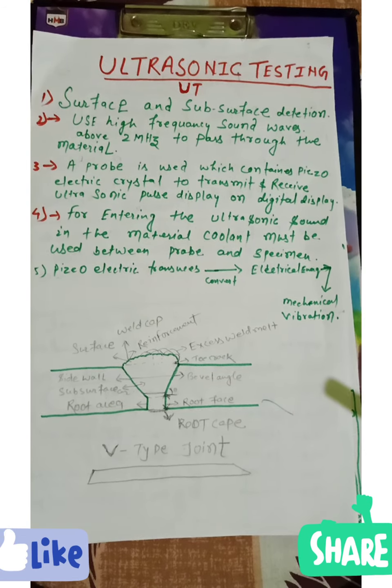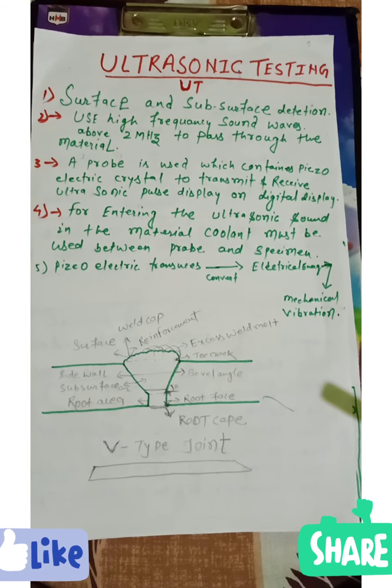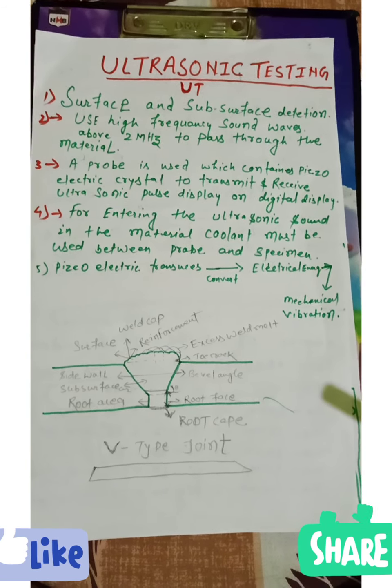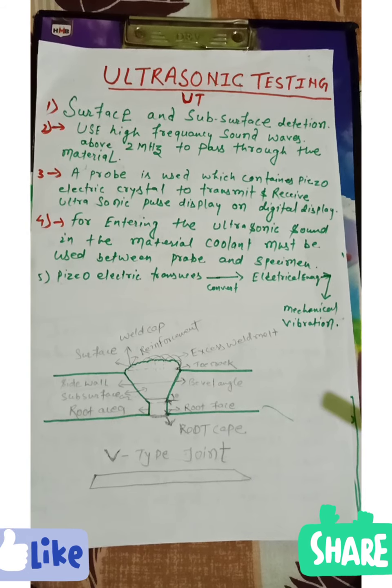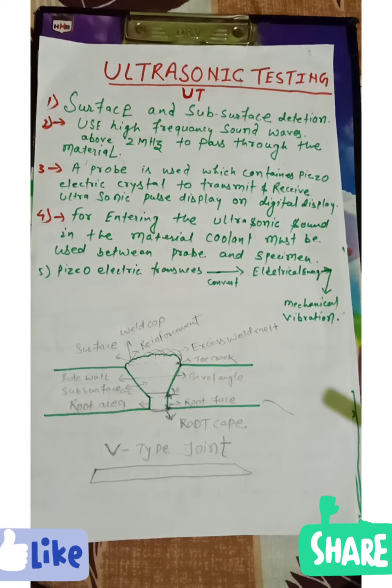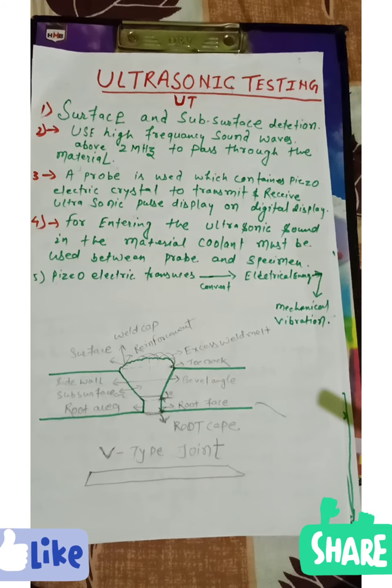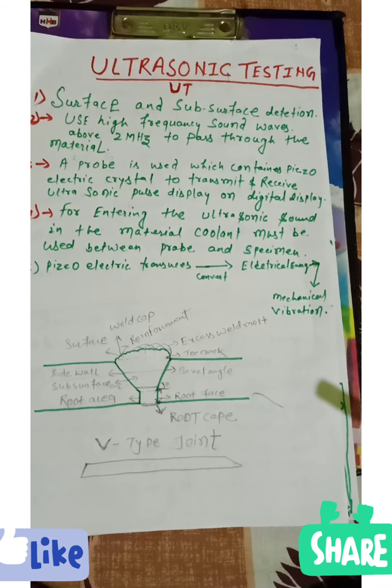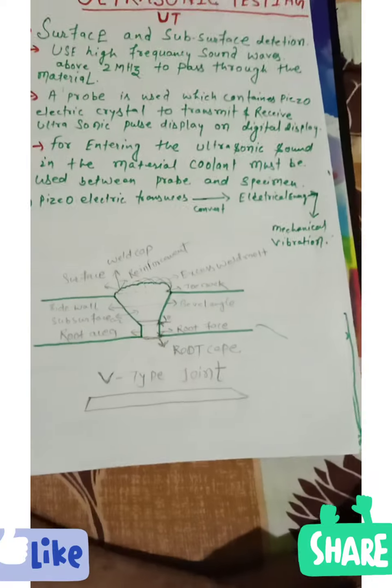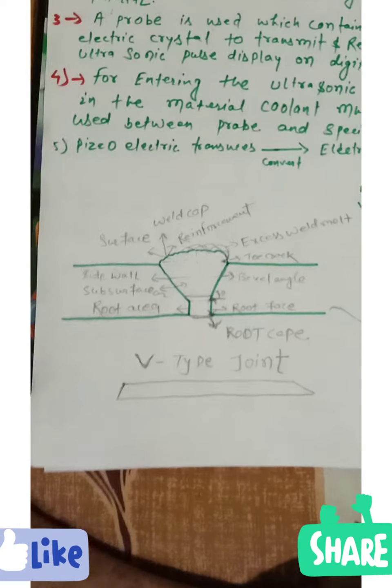For entering the ultrasonic sound into the material, we use coolant between the probe and the specimen. The piezoelectric transducer converts electric energy into mechanical energy. This is the point. Now, come to here.